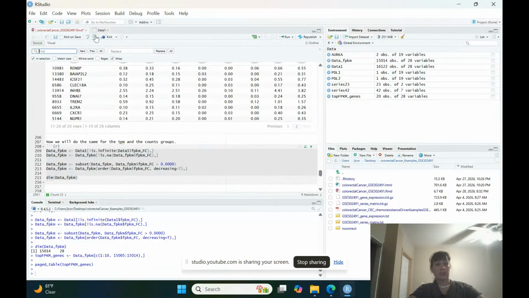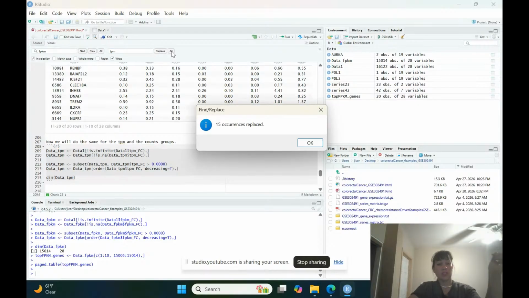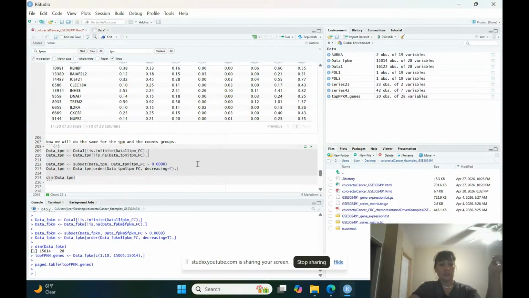By using this magnifying glass, it's in the selection selected. We're going to put FPKM, replace with TPM, all. 15 occurrences, and let's just look. TPM. All right, should work. Let's see.